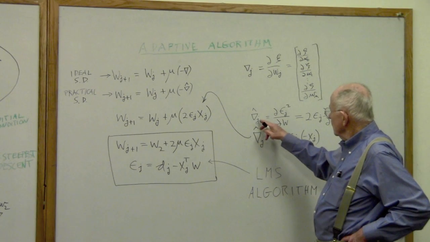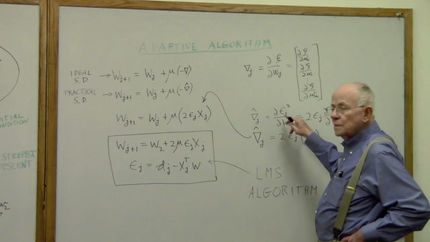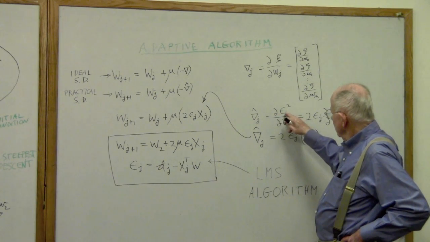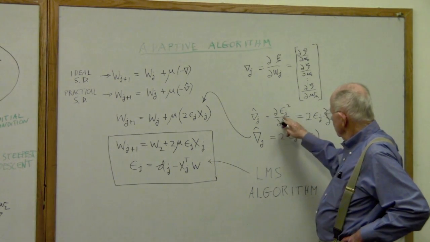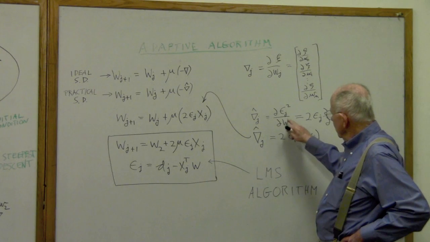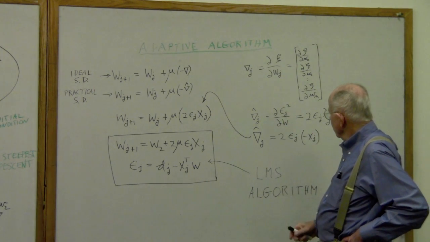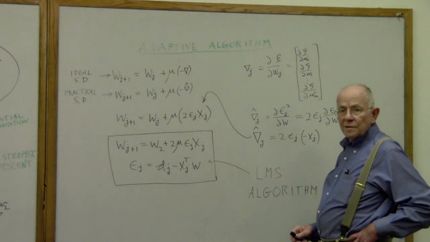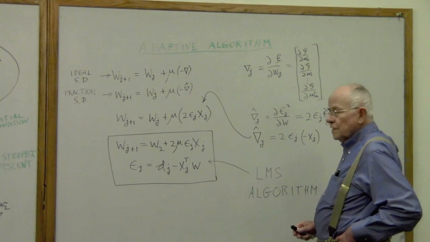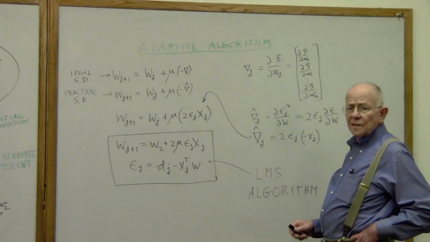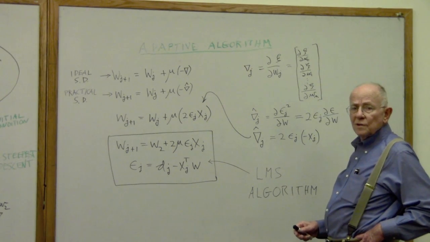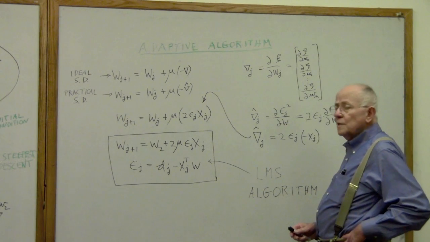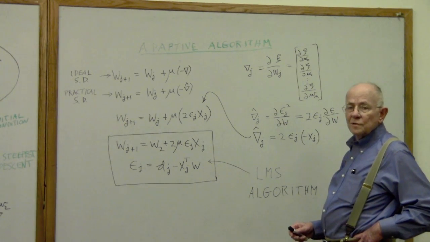But this is a gradient based on a single training pattern, so it's the partial derivative of the error squared with respect to the weight vector. That derivative is what we call an instantaneous gradient. It's not the true gradient, it's a gradient estimate based on a single sample of error, which is a very, very crude gradient. You never estimate a statistical parameter based on a single sample, but that's what we do here.